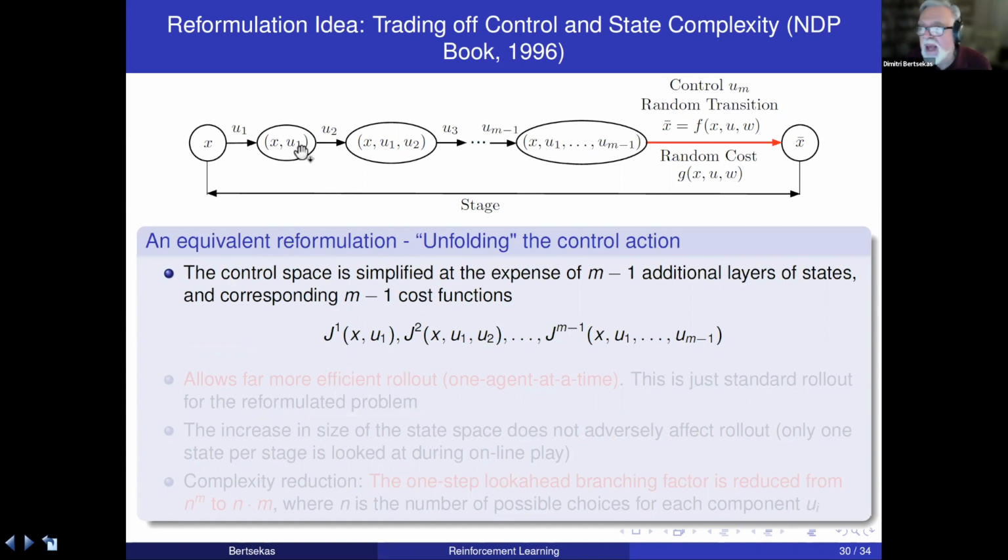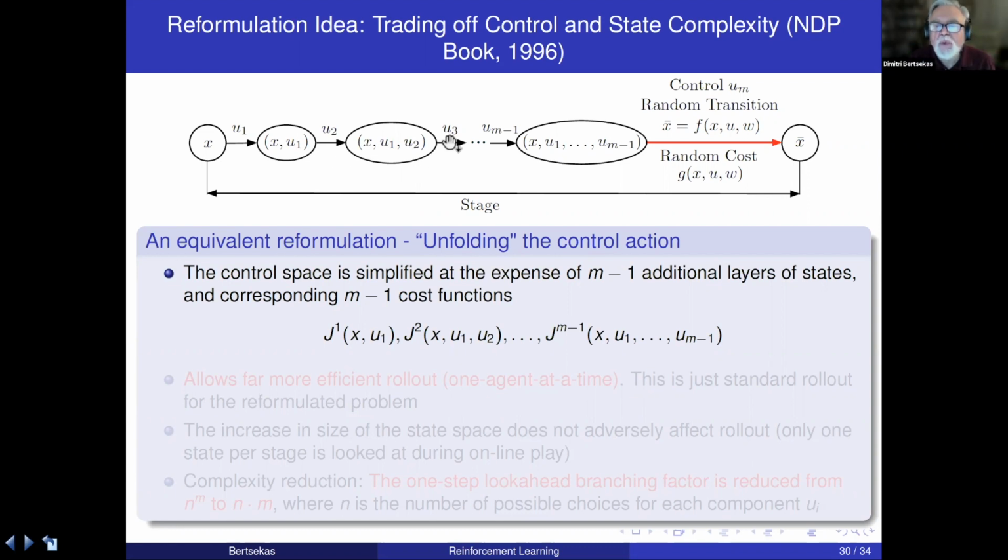Remember, a state can be anything. Our formulation is very general, so that's certainly legitimate. Now, from this state, I choose a control u2, and we go to this state that involves both components. This is a deterministic transition, and I assume zero cost here in my reformulation.